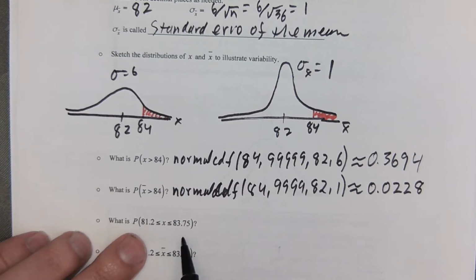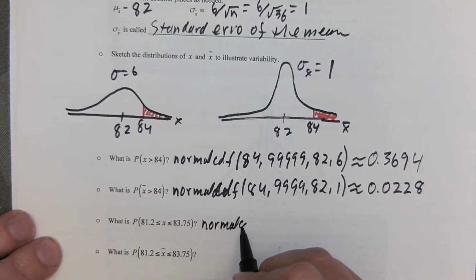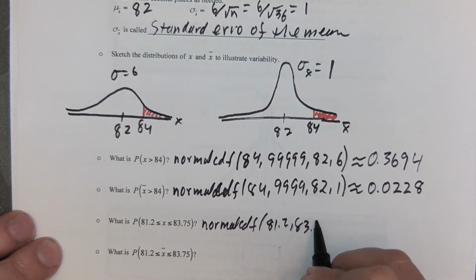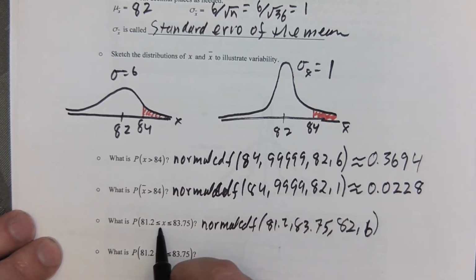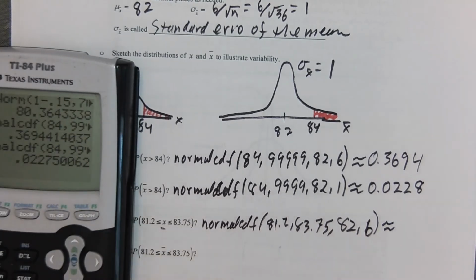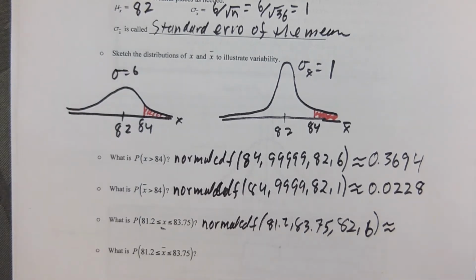So now we're going to go an in-between here. This is going to be normal CDF, 81.2, 83.75, 82, and 6, pardon me. This is x, not x bar. So this is going to have a lot of the middle stuff here.